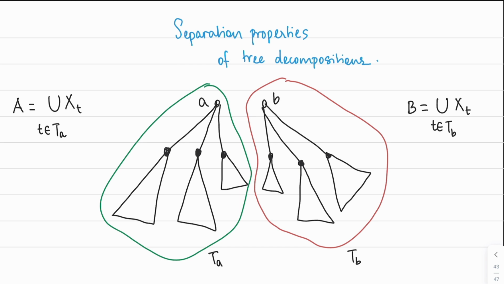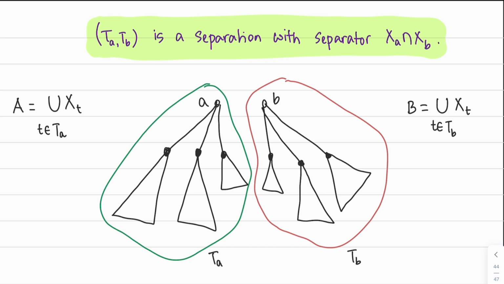And in the graph, let's look at the vertex subset A, which is all the vertices that appear in bags in TA, and B, which is all the vertices that appear in bags of TB. We want to claim that AB is a separation, with the separator being the intersection of the bags XA and XB.